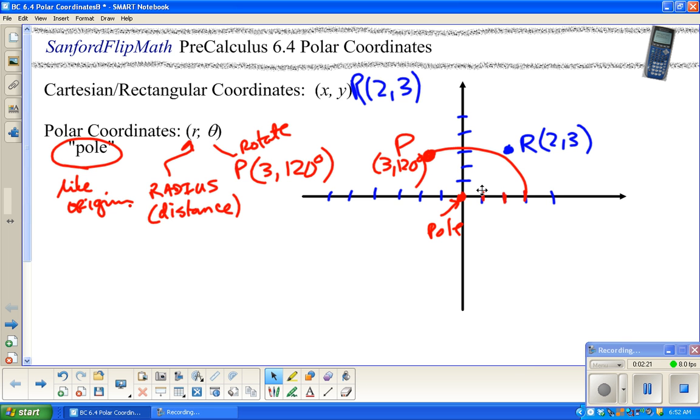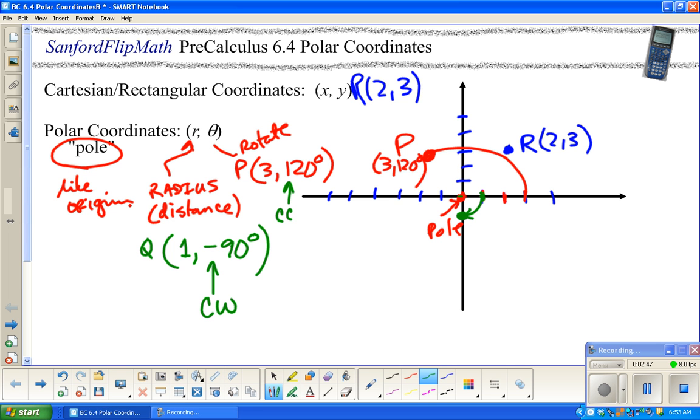Let's do a couple more examples. Let's call this Q: (1, -90 degrees). I go to 1, and then rotate negative 90 degrees. Remember, a negative rotation is clockwise.